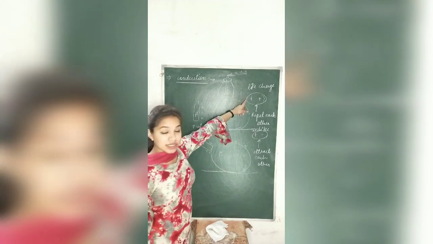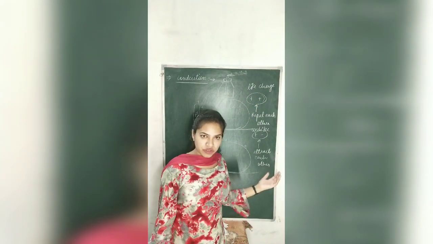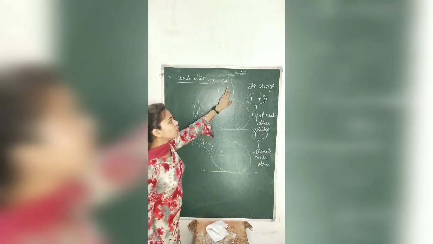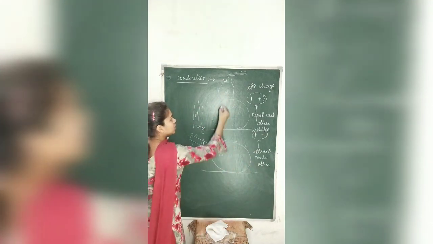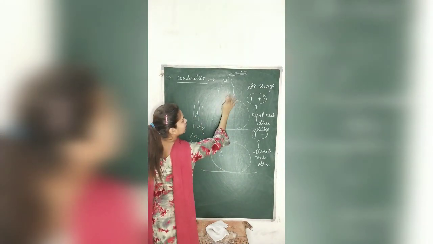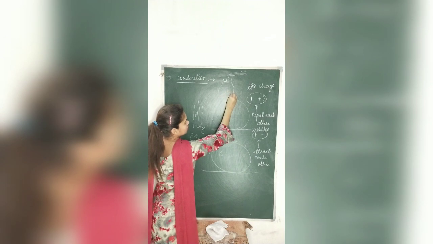So like charges, that is positive and positive, repel each other, and unlike charges, positive and negative, attract each other. So both gold leaves, due to the conduction, get positively charged and they will get repelled like this.